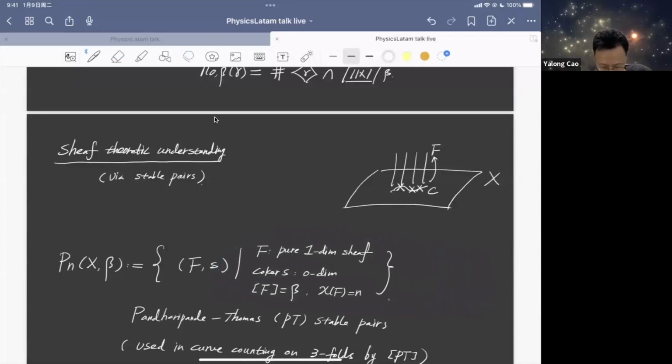So this sheaf F, you can pretend this is a vector bundle over this curve.